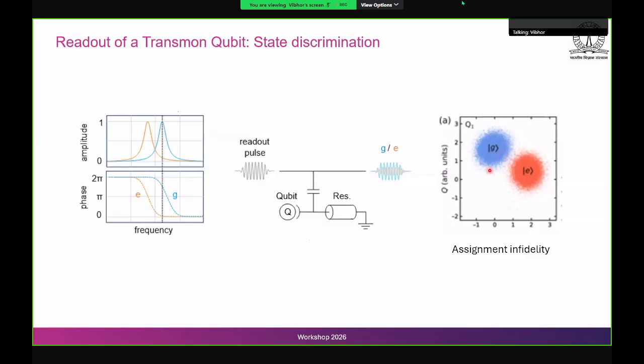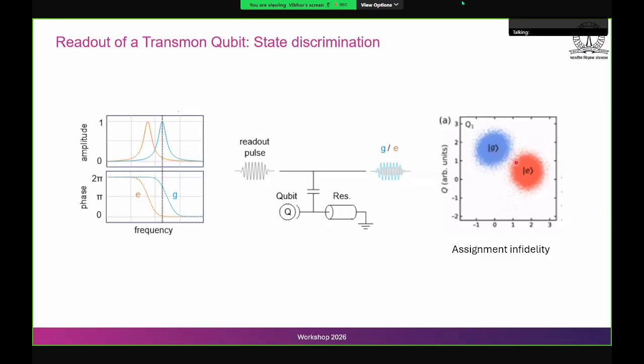As you can see, given some practical noise in the system, these points may be scattered. This may not be single points here. And the overlap between these two two-dimensional Gaussian curves is essentially the error where you are not able to separate, given a measurement, whether it was in the cloud of the ground or in the cloud of the excited state.